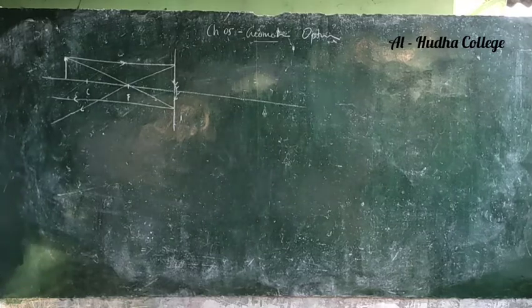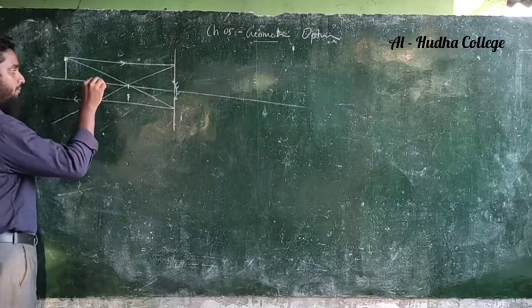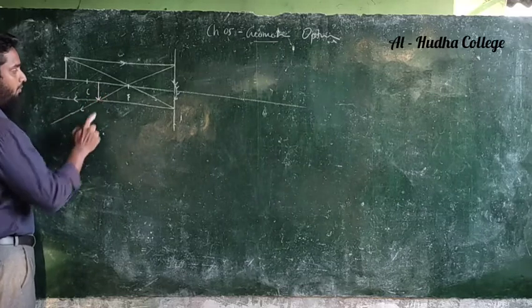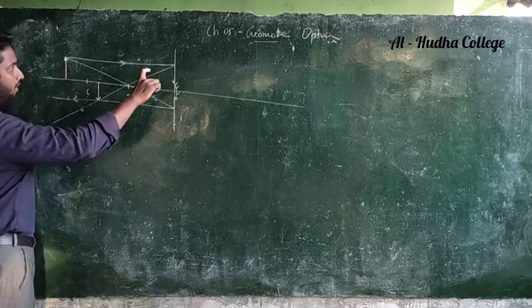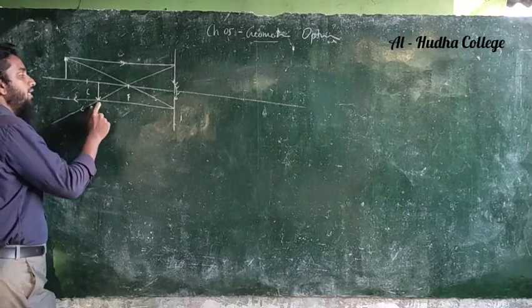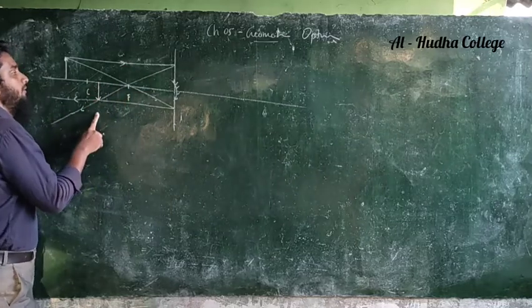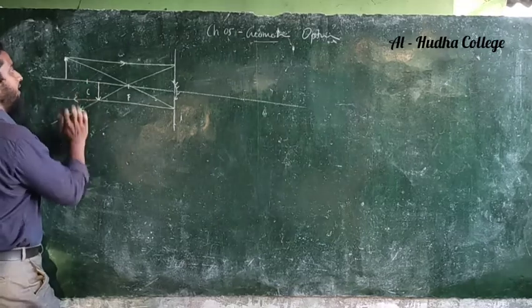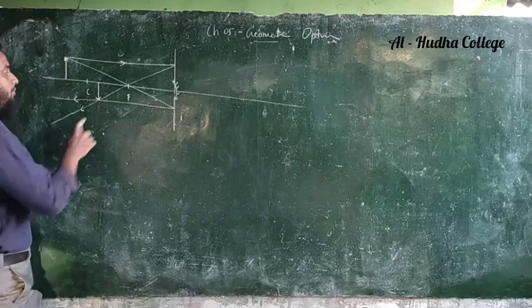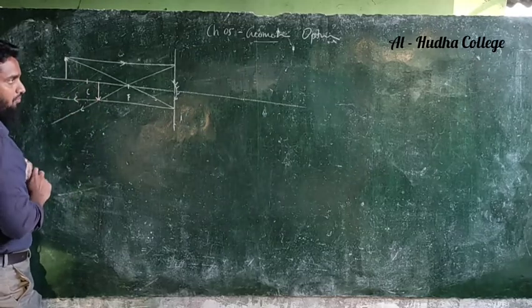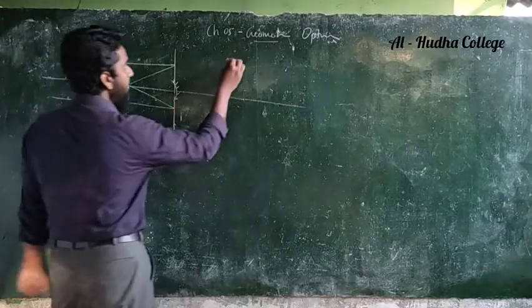Now the image is going to be formed somewhere here, the place where the rays join together after the reflection. If you keep a screen here, you can obtain this image of this object at this point.